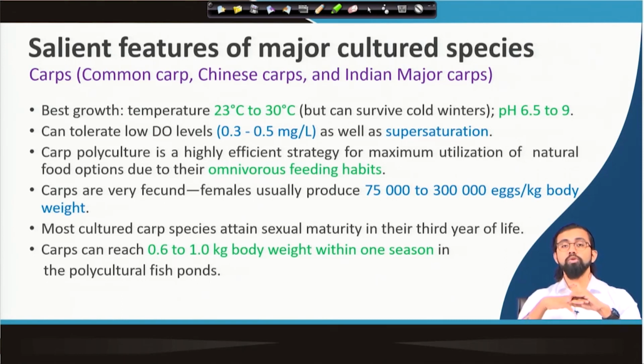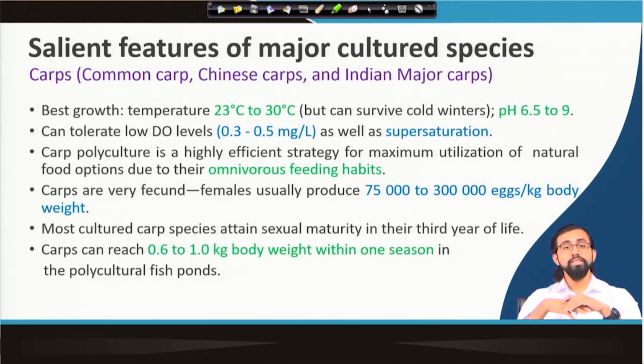Females usually produce 75,000 to 3 lakh eggs per kg of their body weight. Most of these cultured carp species attain sexual maturity in the 3rd year of their life, which is pretty low, and because of that our whole production system goes well.